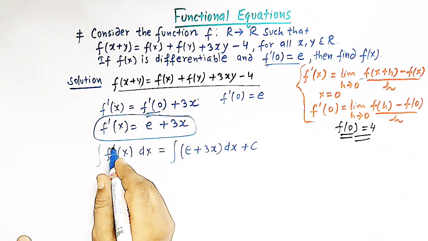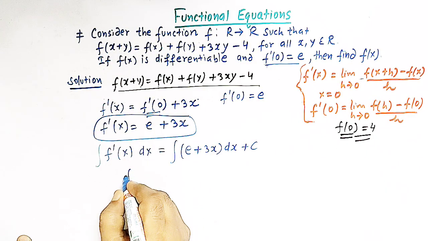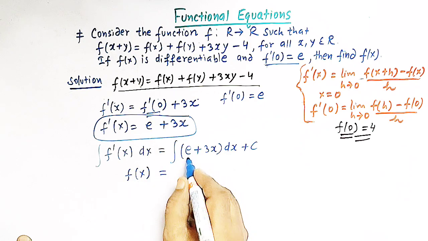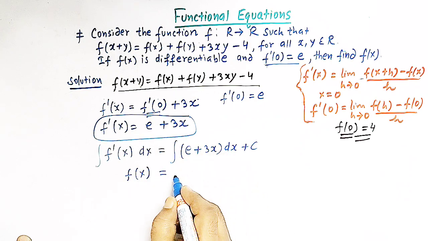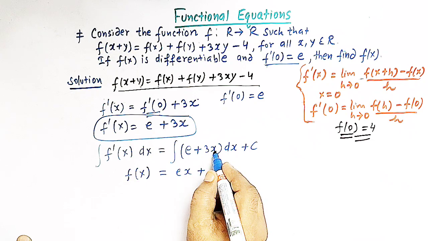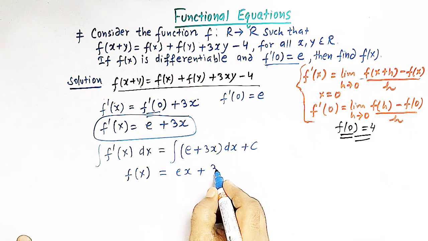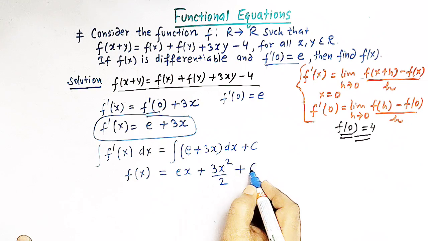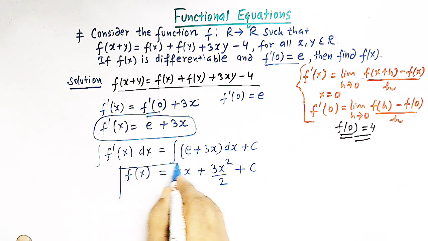The integral of f'(x) dx is simply the function f(x), the integral of e dx is simply ex, and the integral of x is x square over 2. So we have 3x square over 2, and c is the constant of integration.